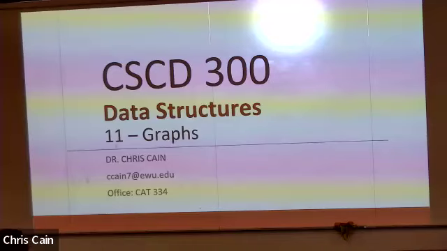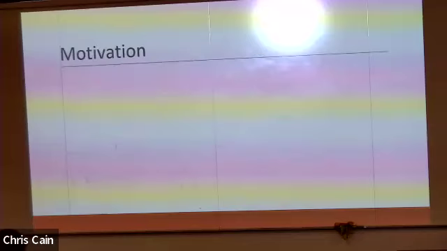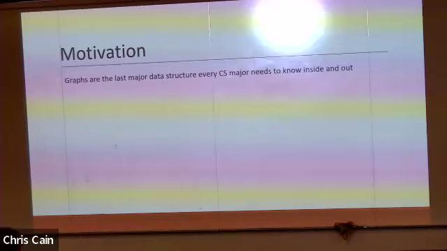All right, we're gonna hit up graphs. Incredibly important data structure. I would argue they're more challenging than anything that we've seen so far, but also they are quite possibly the most widely used data structure for the most complicated problems.